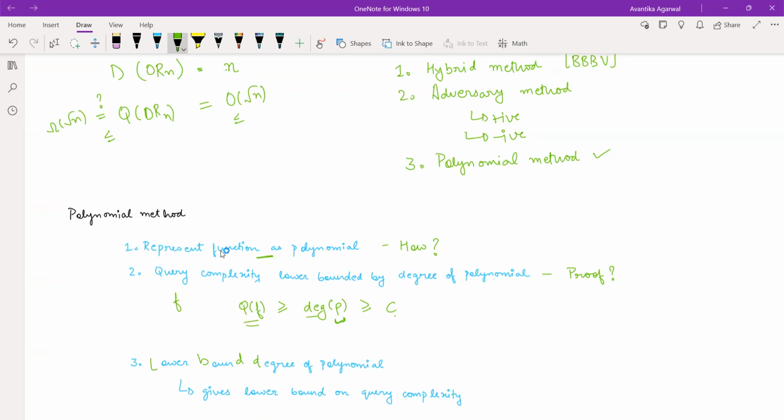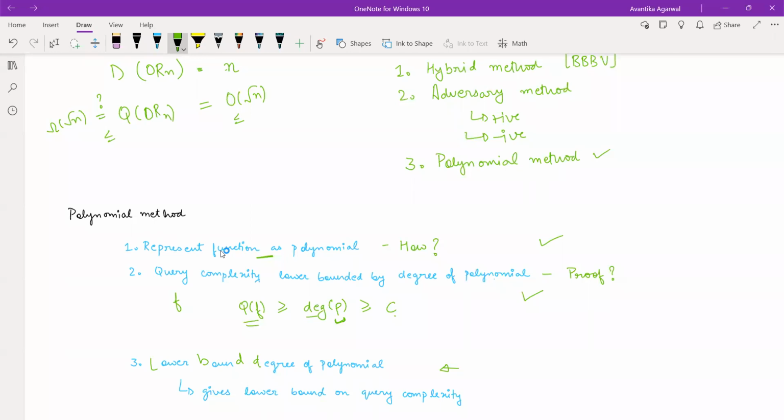At a high level, we only need to establish parts 1 and 2, because we have done a lot of lower bounding of degrees of polynomials in high school itself. That is the comfortable area. We don't really need to worry about that too much. That is just algebra.